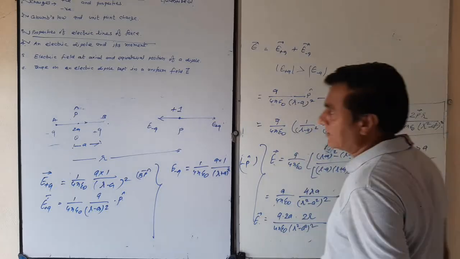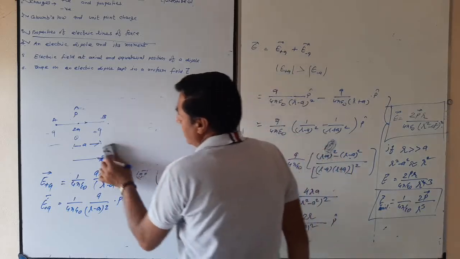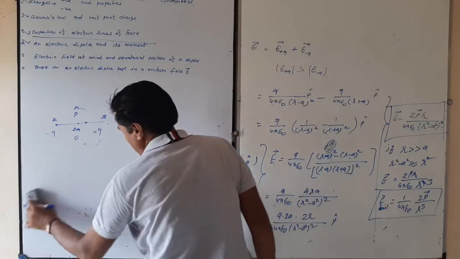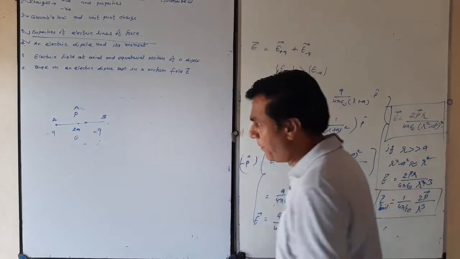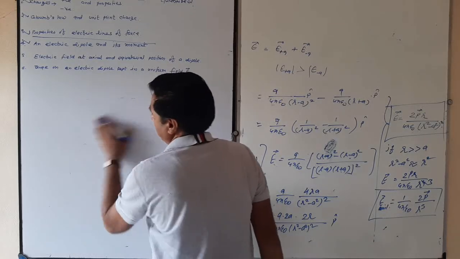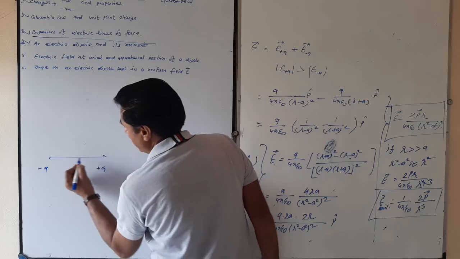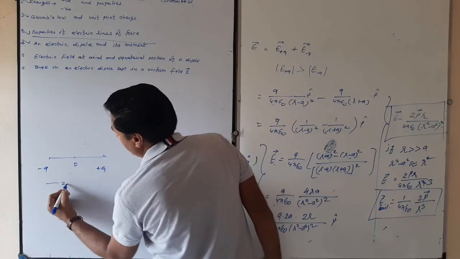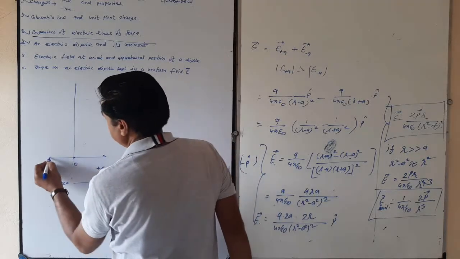Now, last, electric field at equatorial position. Equatorial, if a point is on the equator line, the perpendicular bisector of the dipole, with minus Q, plus Q, center O, length 2A, it is the perpendicular bisector.